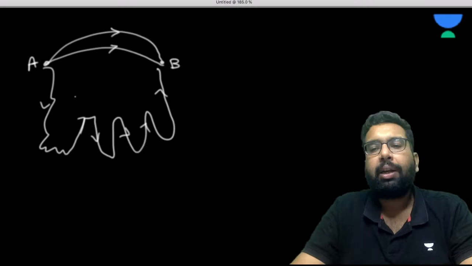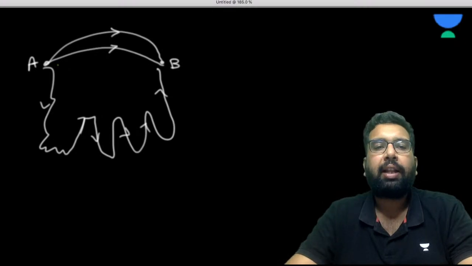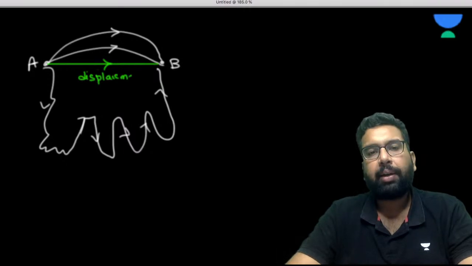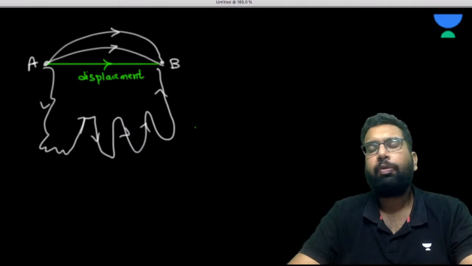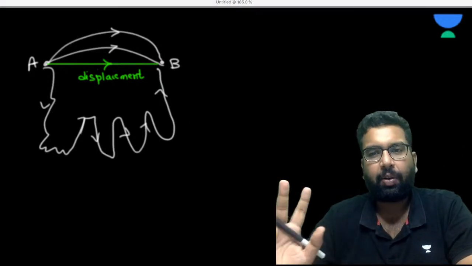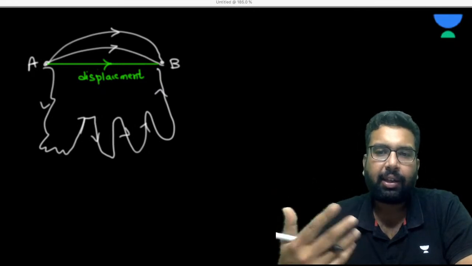But the displacement is the shortest distance. So between A and B, this is the shortest distance, and this is the displacement. Very, very simple, we all know it. The displacement is the shortest distance. It is a vector quantity. Distance is a scalar quantity.